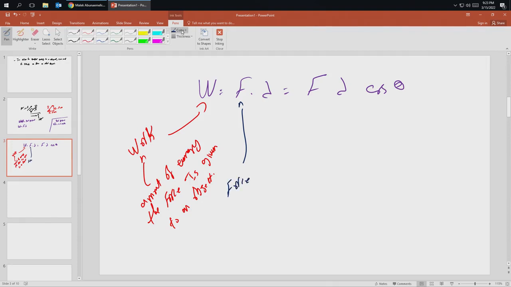I'm going to get another color for this one. You need that displacement. Alright.